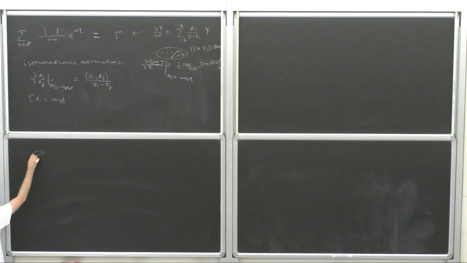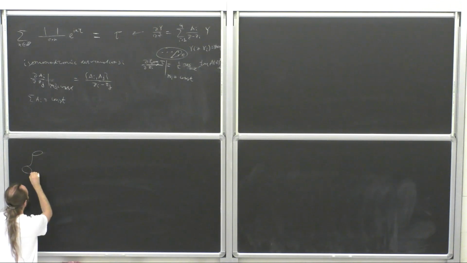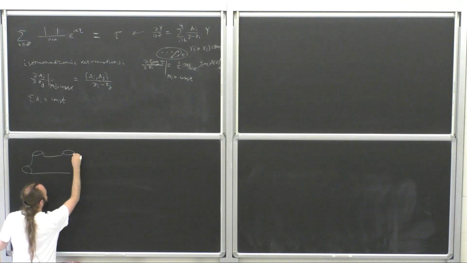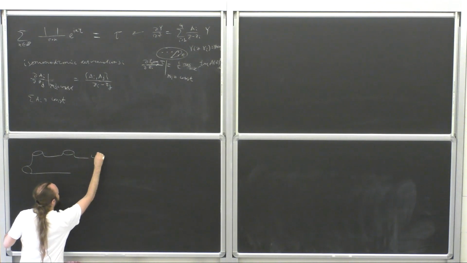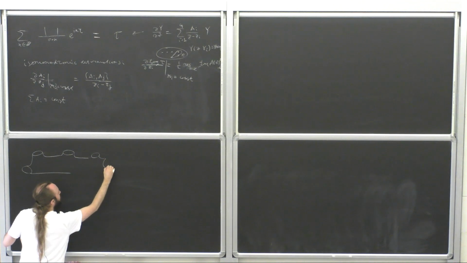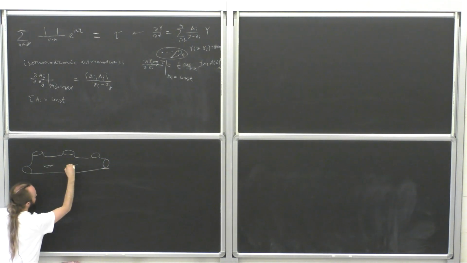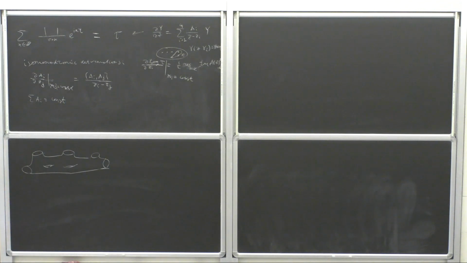And what is the definition of this space of conformal blocks? It's basically the following. We draw, for example, a sphere with n punctures. Maybe we can also choose some non-trivial genus from the very beginning.